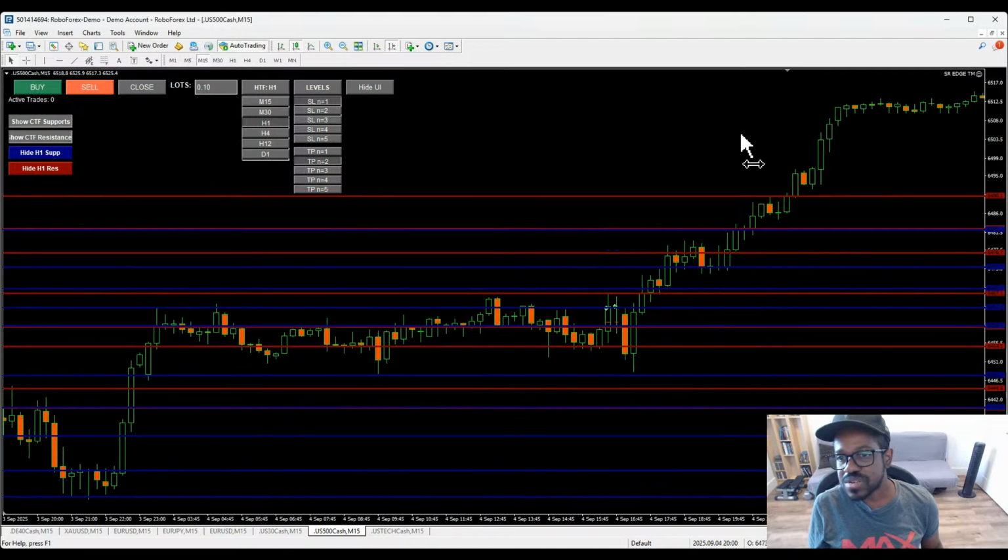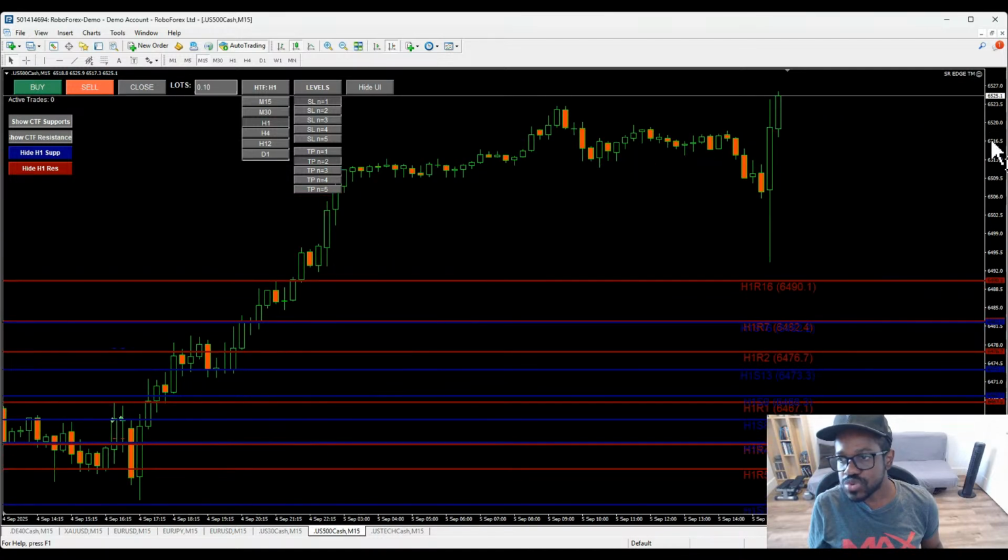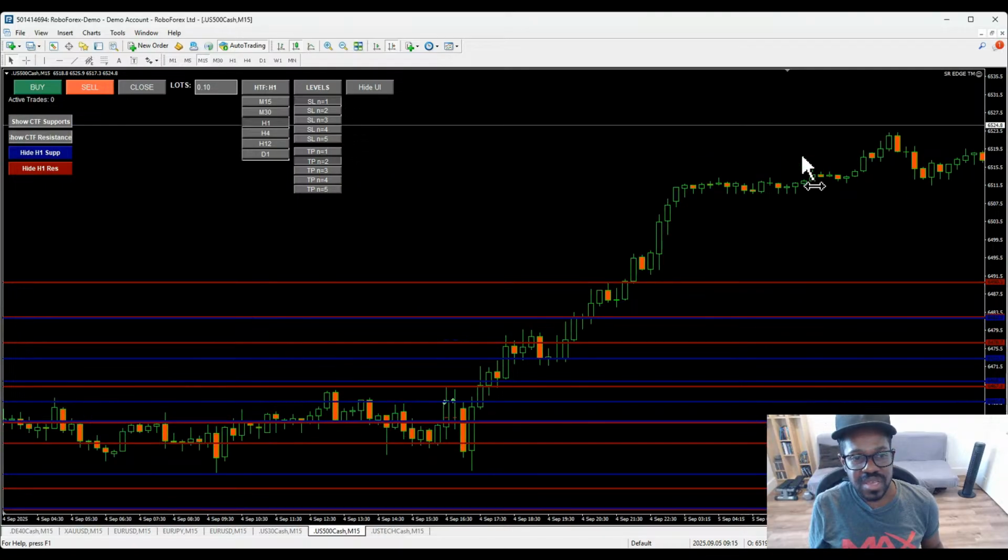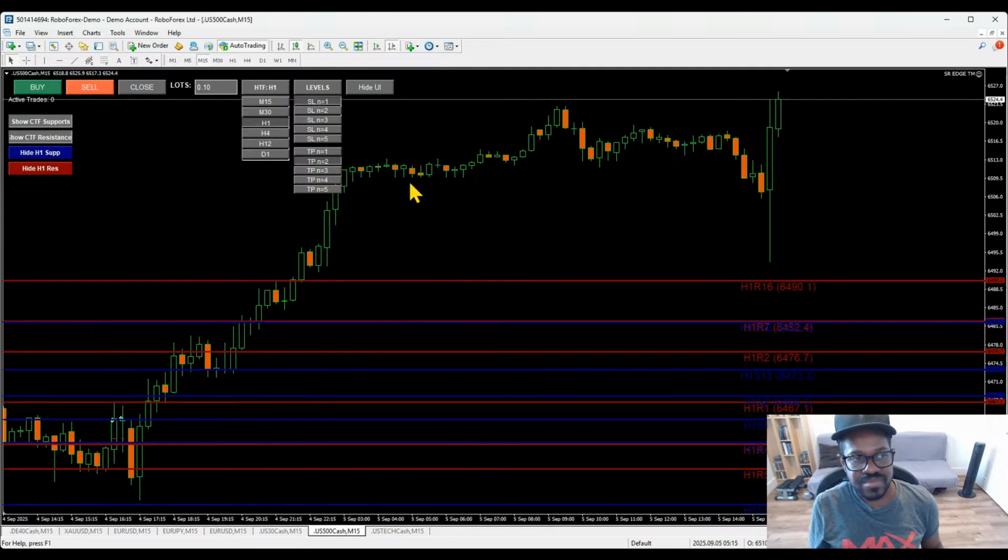What's good with that is that you're able to look at different levels on a higher time frame and on the current time frame to be able to place your stop loss and take profit zones of interest in regards to the market, and you have access to select the time frame of the higher time frame that you want to look at.